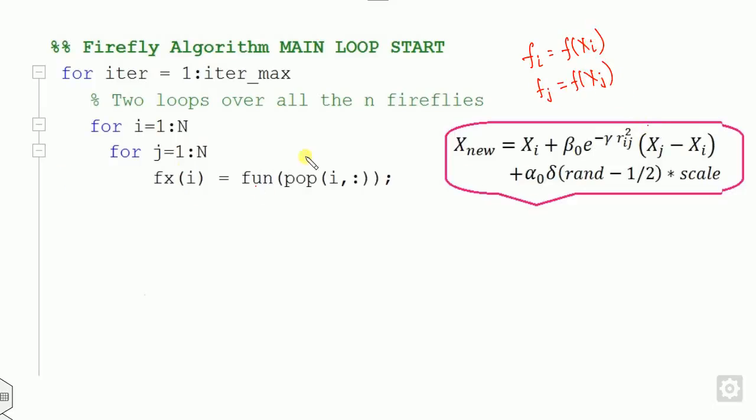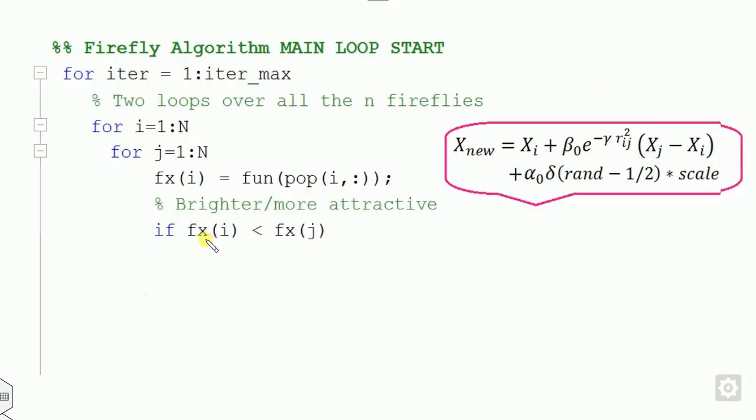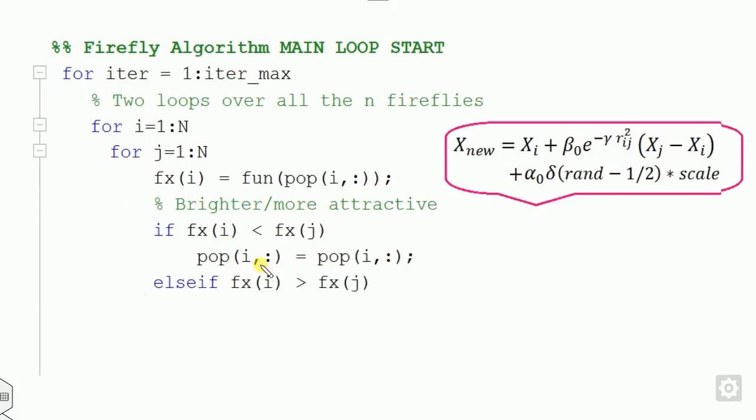Now my problem is minimization. So if the function value at i is less than that at j, but our task is to minimize the function, so it means this is already a minimization, so there is no change in the population. Else, if the function value is greater than this, then we will apply this equation.